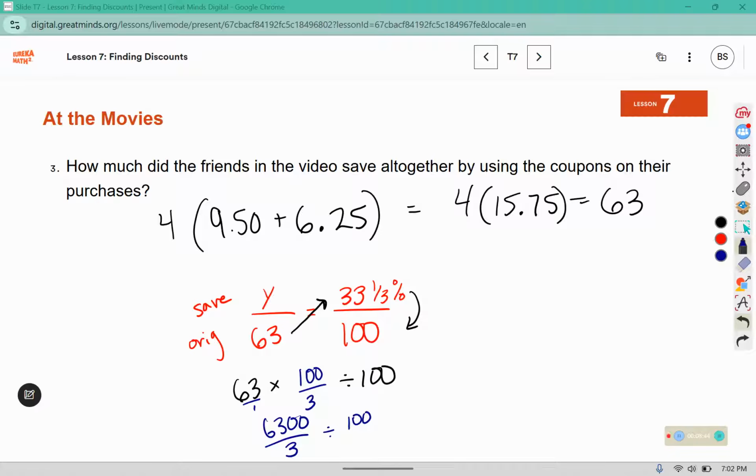And then divide that by 100. Well, let's see if we did 6,300 divided by 3. That piece comes out to 2,100. And then we still need to divide by 100, which is 21. So all the friends save $21 altogether.